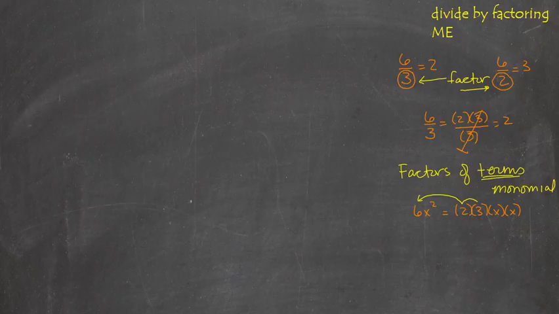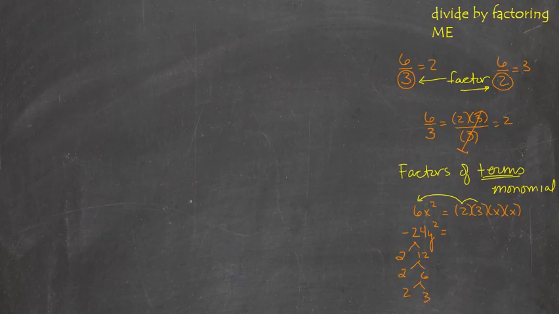Now let's do another one. What about negative 24y squared? Well, 24, if I wrote it as a product of primes, and sometimes it's harder to see a product of primes, so let's go ahead and just do a factor tree where I use prime numbers only. So 24 divides by the prime number 2, leaving 12. 12 divides by the prime number 2, leaving 6. 6 divides by the prime number 2, leaving 3.